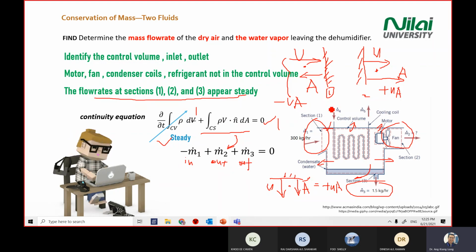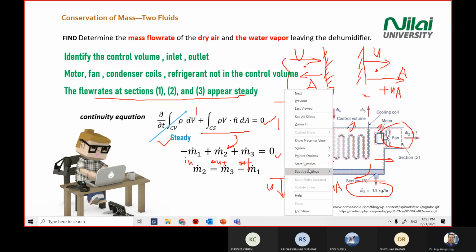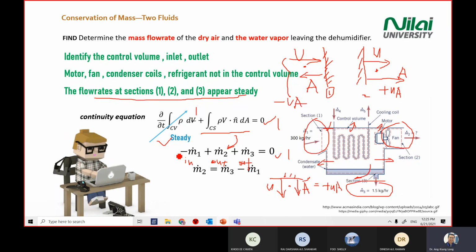This gets another mark. M dot is not just mass, it is the mass flow rate. This equation is defined by the continuity equation.